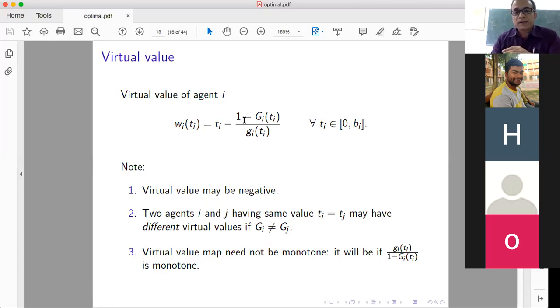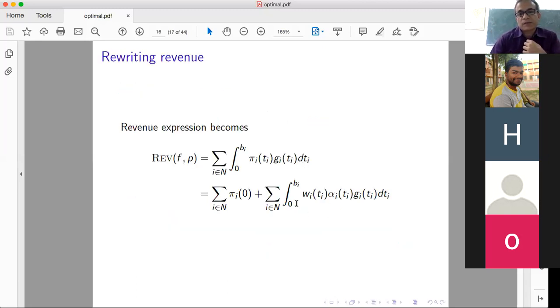But in this case, he has to pay some rent to the buyers, because now each buyer has some private information, and to make these buyers truly reveal that private information, this term is subtracted from the value, right? So that's basically what is happening.